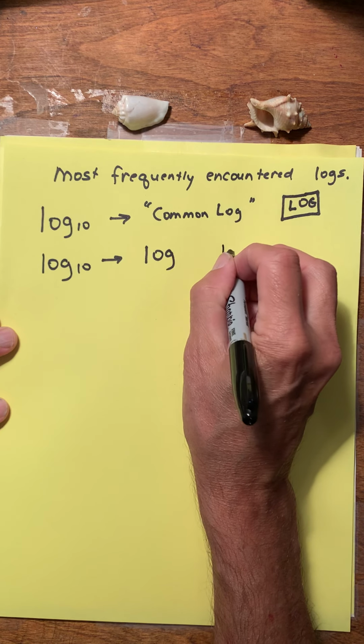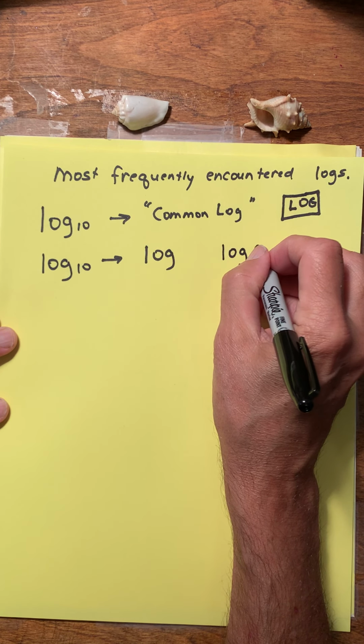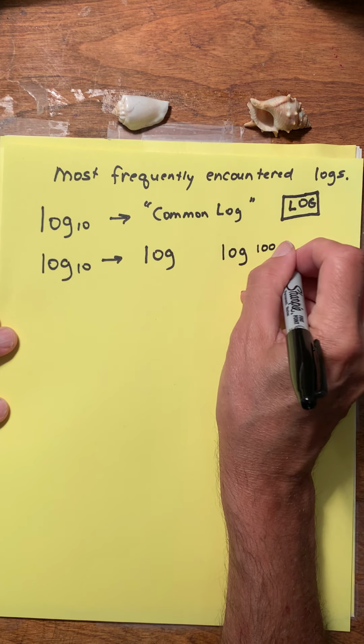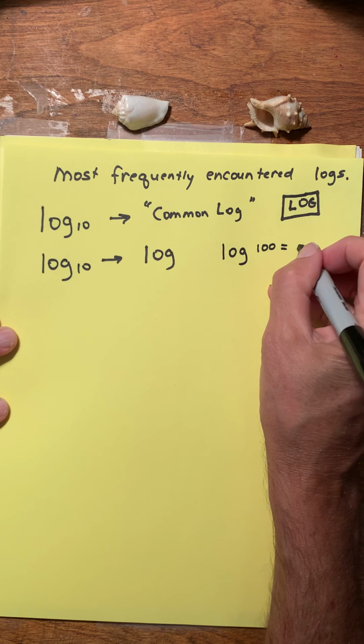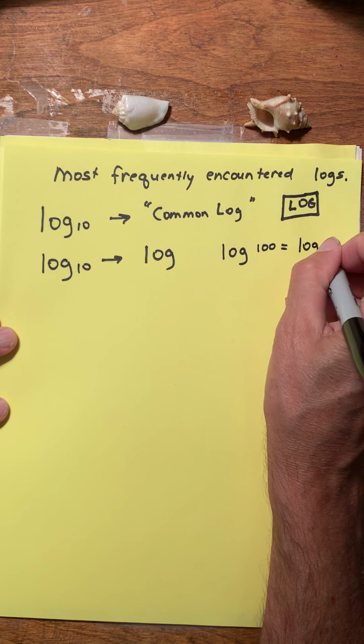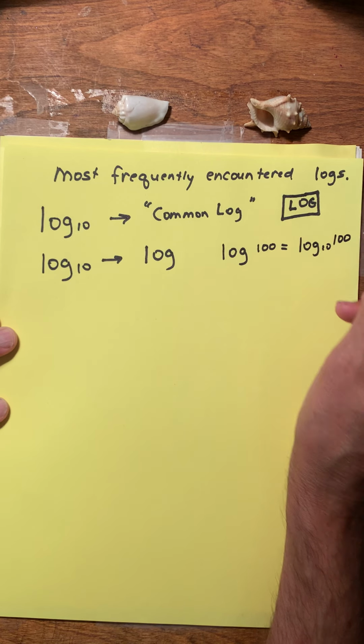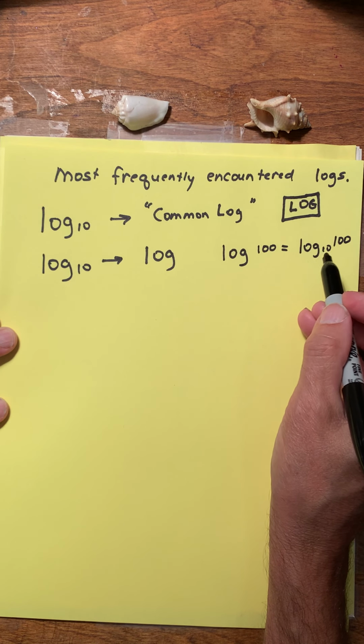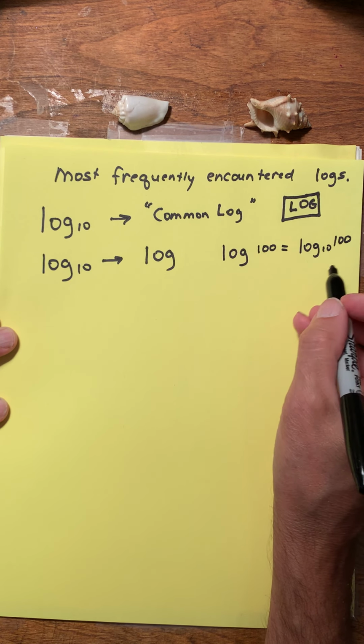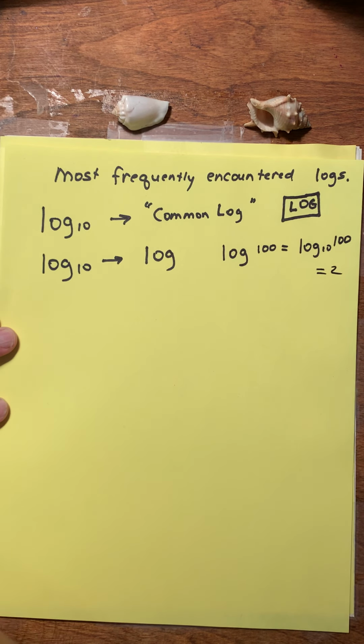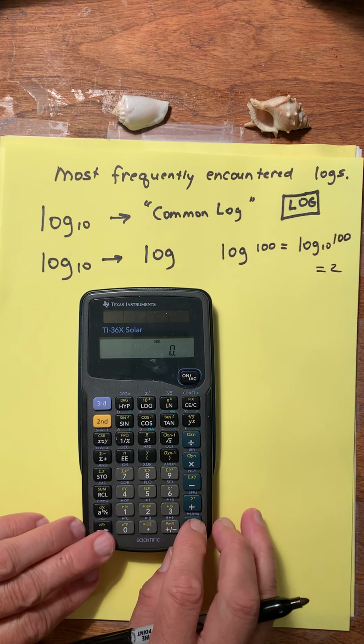So if you see log of 100, another way to think of that is log base 10 of 100. The exponent that I raise 10 to in order to get 100 is going to be 2. And you're going to have to figure out how to use your particular calculator.